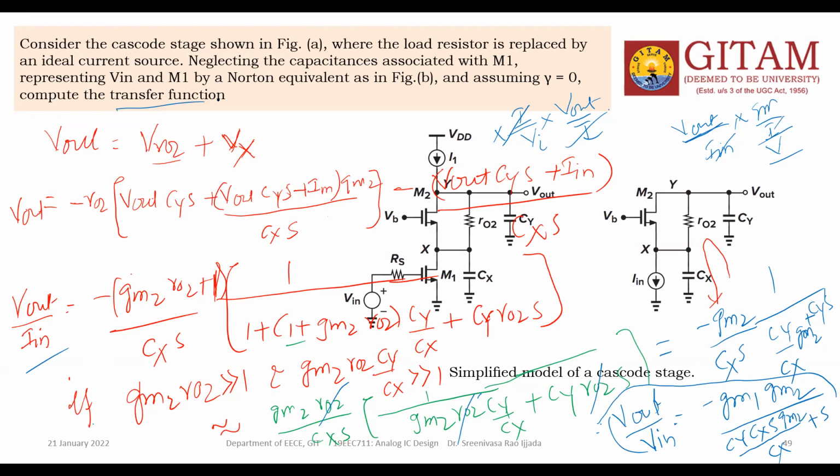Magnitude of the pole at node X. What is the magnitude of the pole at X? That means the pole frequency at X is gm2 by Cx. Why did I get this very simple pole?